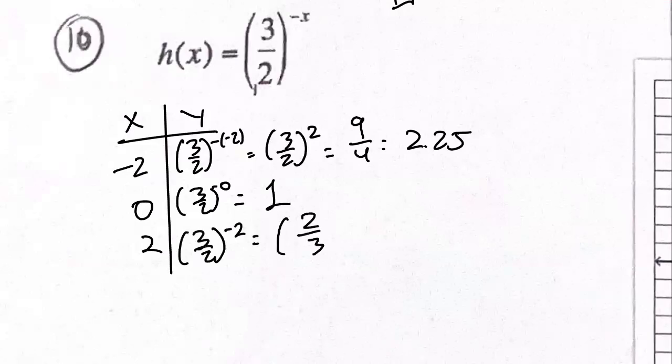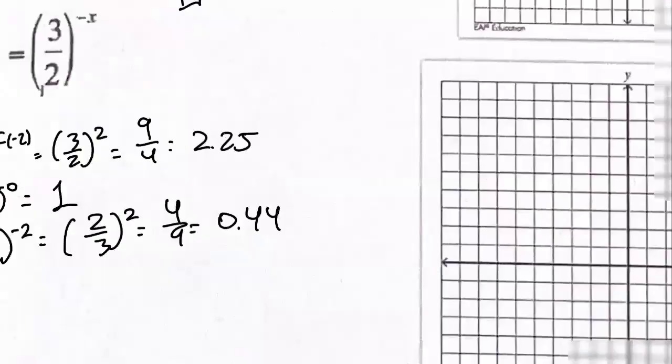This is 2/3 to the power of 2, 4/9, which is 0.44. So graphing it: -2, 2.25; 0, 1; and then 2, 0.44.